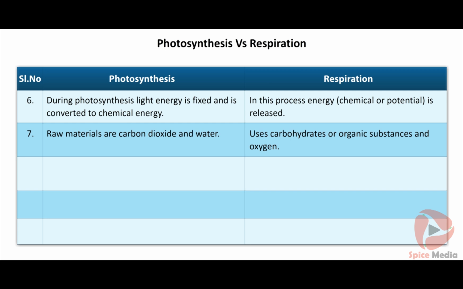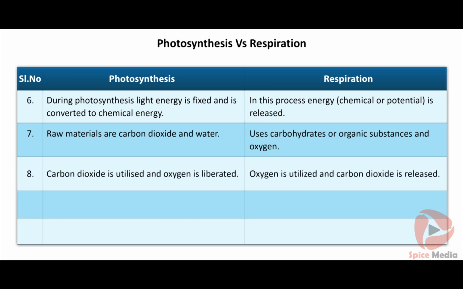Raw materials like carbon dioxide and water are required for photosynthesis. During respiration, oxygen is used to oxidize carbohydrates or organic substances to liberate energy. During photosynthesis, carbon dioxide is utilized and oxygen is liberated.